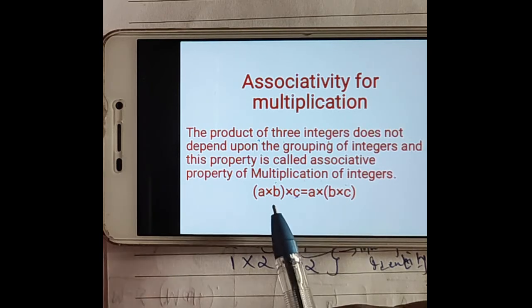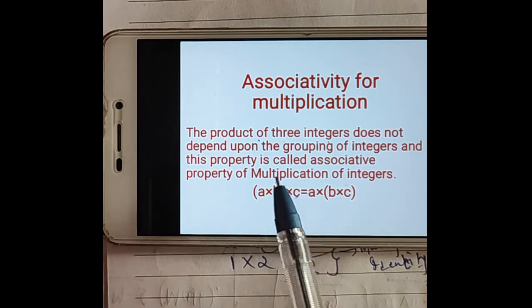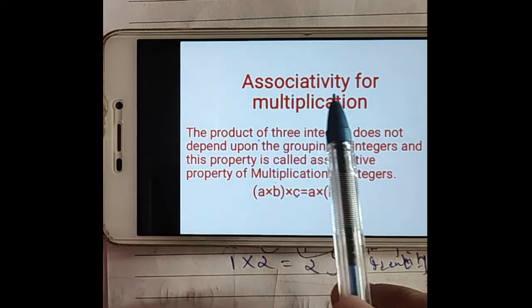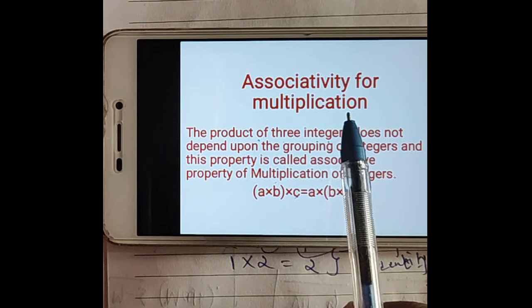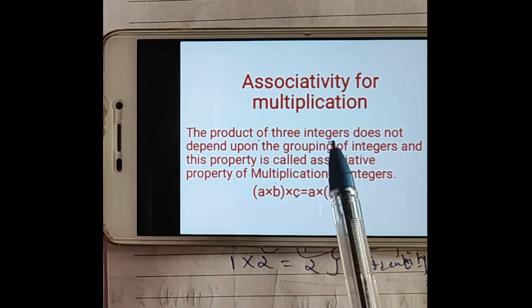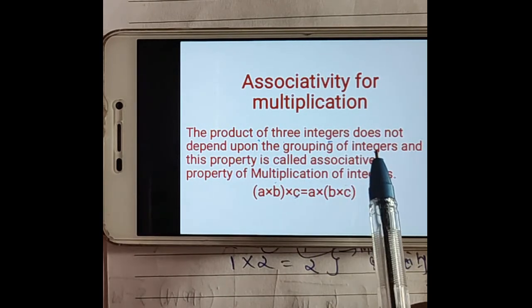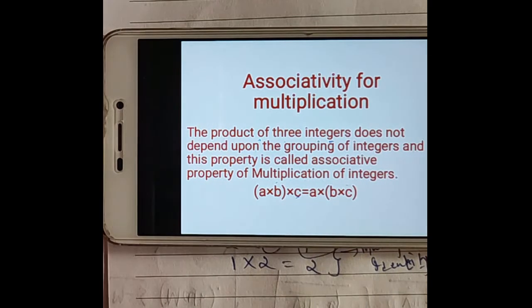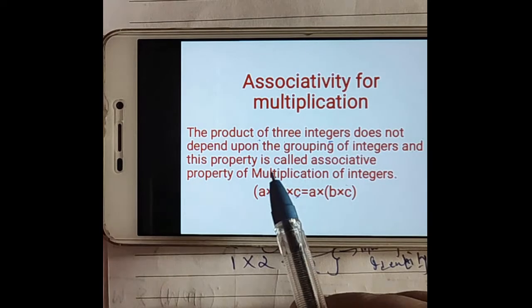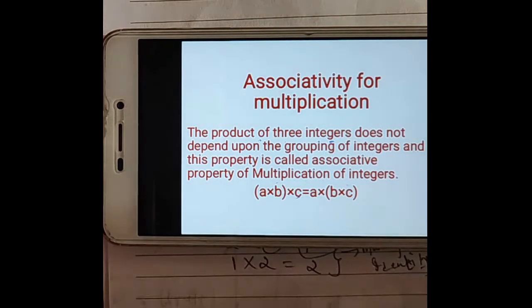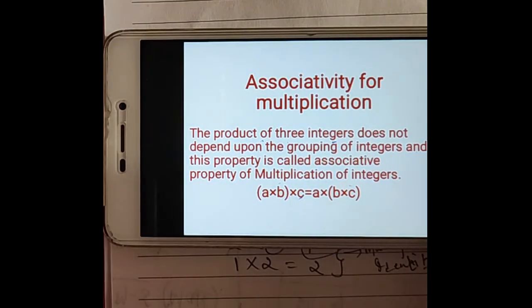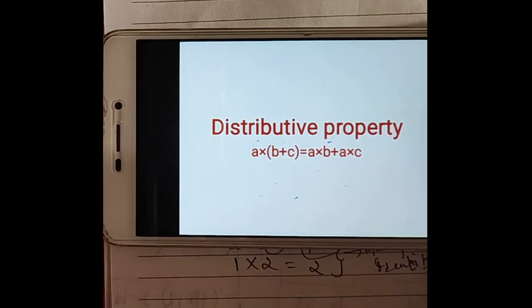And if the result is the same, then this follows the associativity for multiplication. The product of 3 integers does not depend upon the grouping of integers, however they are grouped. This property is known as the associative property of multiplication of integers. Next, we have the distributive property.